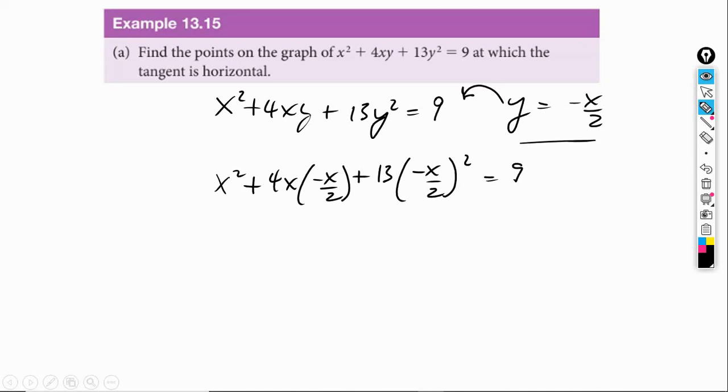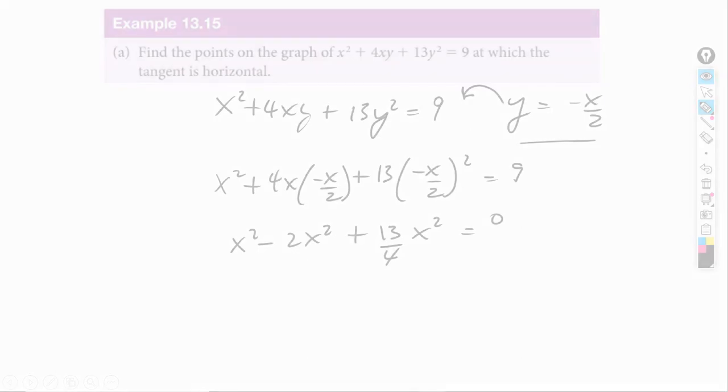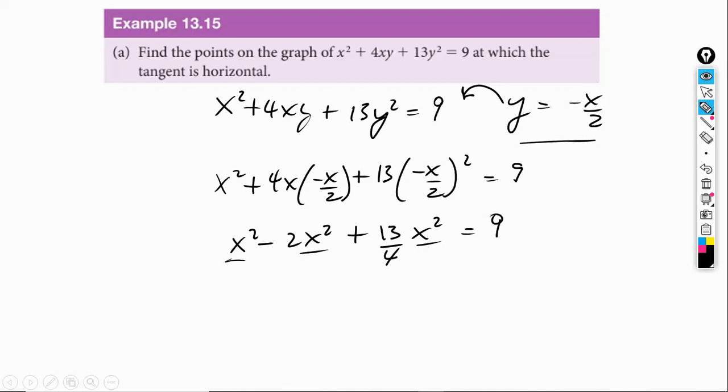So this implies that we're going to get x squared minus 2x squared plus 13/4 x squared equals 9. Okay, so now let's multiply everything by 4, just to get rid of this here. So we multiply everything by 4.